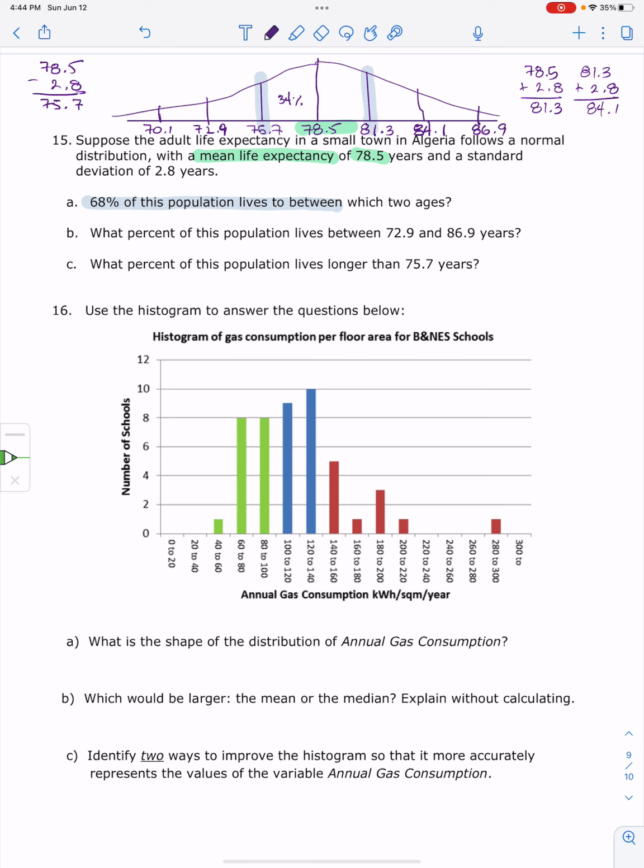And let me label this 34%, 34%, again 13.5 here, and here, 2.35, and then out on the tails, 0.15. So 68% of the population lives between 75.7 years and 81.3 years.